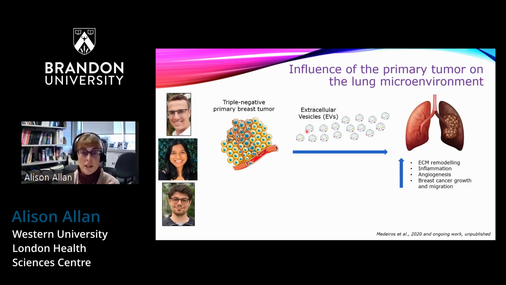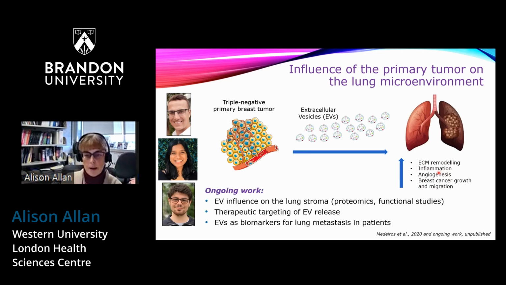Originally they were just thought to be kind of junk or cellular debris, but actually they contain within them things like proteins, microRNAs, and lipids, and then they get delivered to distant organs or other cell types, and then they can release their cargo, and that cargo can modify the microenvironment. Other studies in other tumor types have shown these extracellular vesicles can affect matrix remodeling, inflammation, angiogenesis, breast cancer growth, and migration.